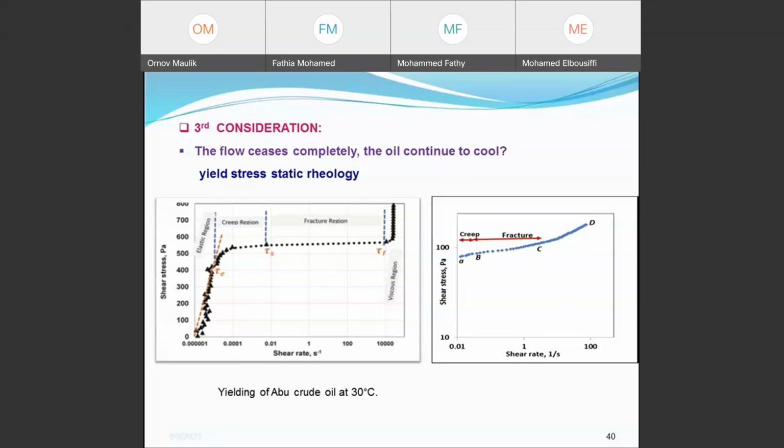As the stress continues to increase, the crept gel can no longer resist the stress, so it begins to fracture at tau S, the static yield stress. With further increase in stress, tau F, the flow stress, the gel becomes completely fractured and starts to flow as the viscous region.